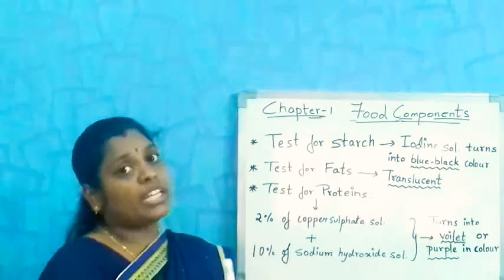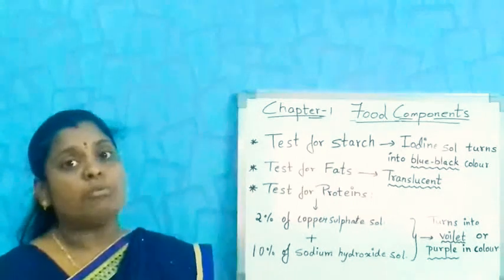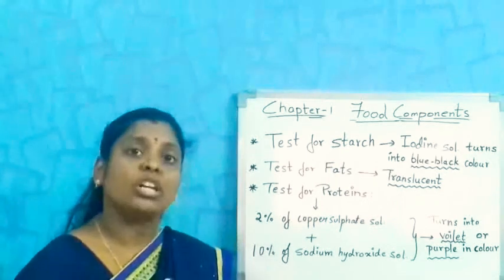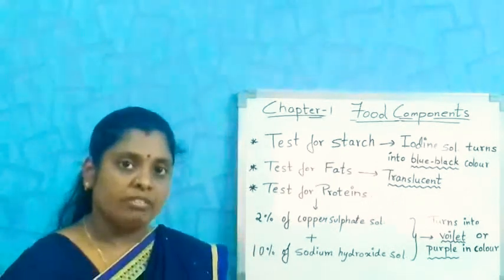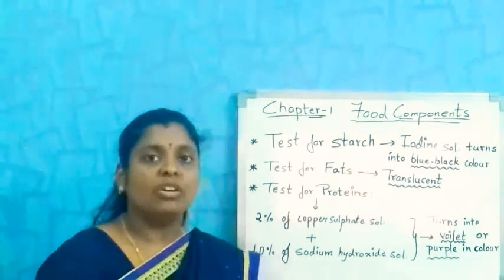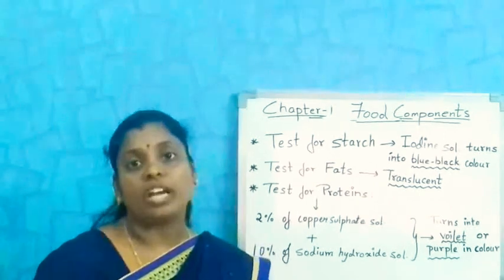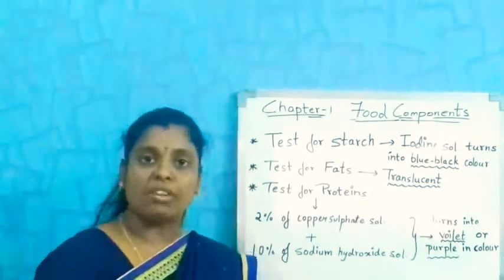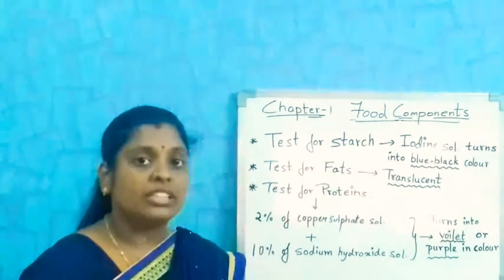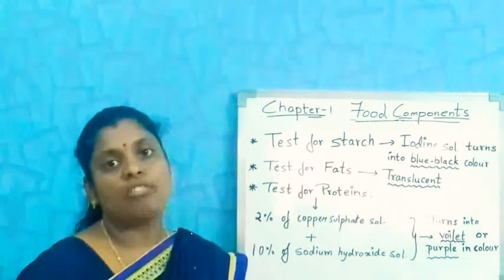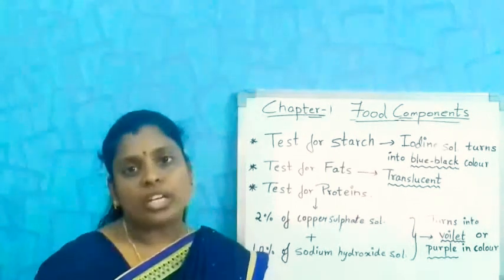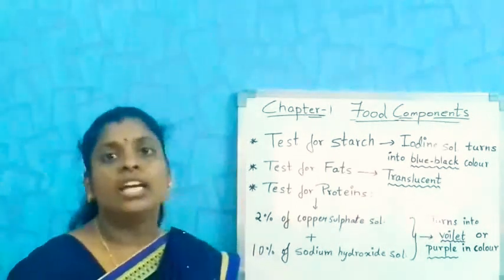But the quantity of food components may vary from one food to another. If you see rice, it contains more carbohydrates when compared to dals, which contain proteins. So we have to take all the food components to keep ourselves healthy. Growing children require more proteins. Everyone requires vitamins and nutrients to keep ourselves fit and healthy.